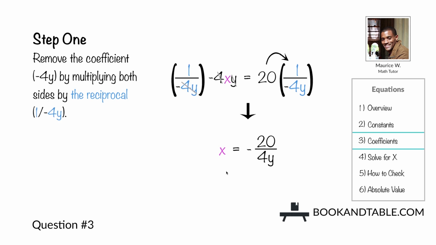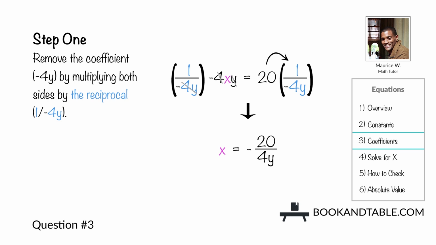And then lastly, question number 3, remove the coefficient, negative 4y. We're multiplying all of these, so you can switch the placement of these terms. Like, for example, negative 4 times 2 is the same as 2 times negative 4.